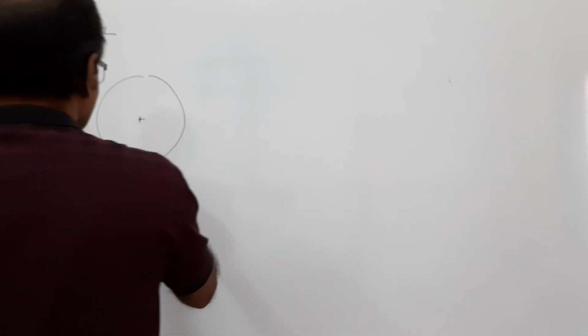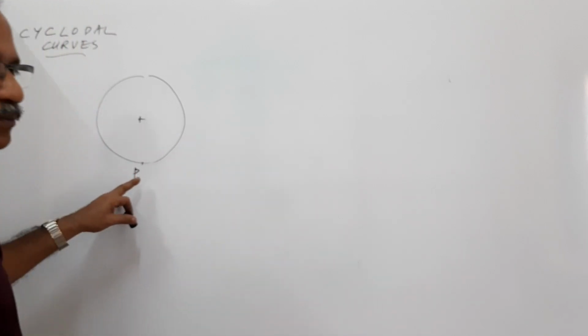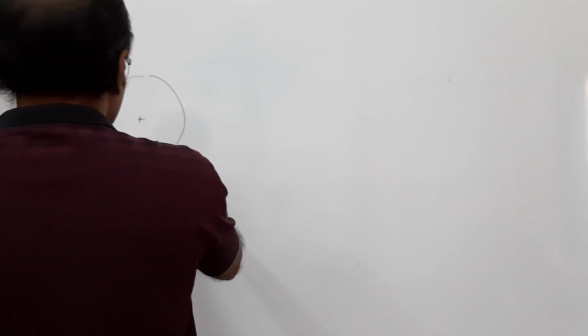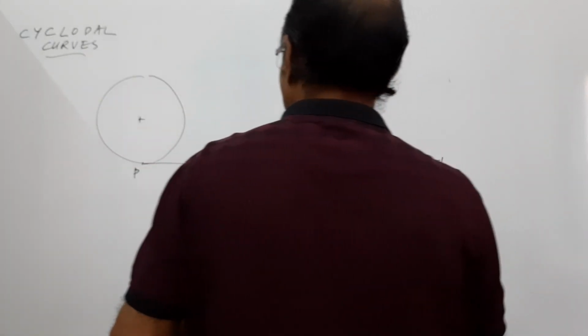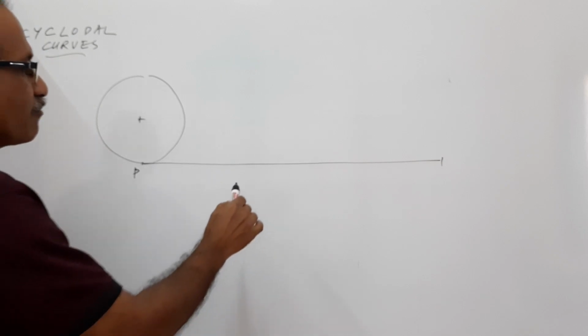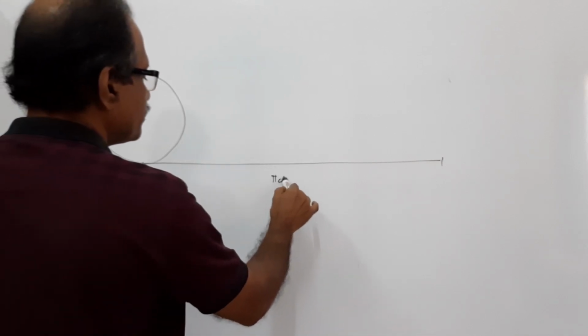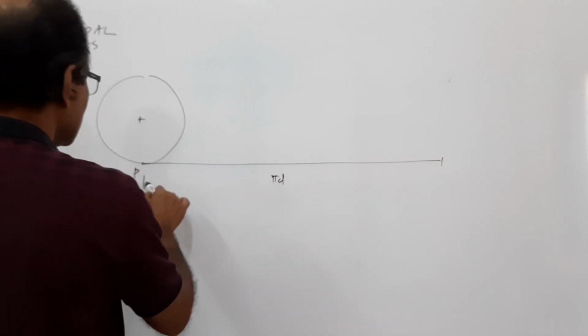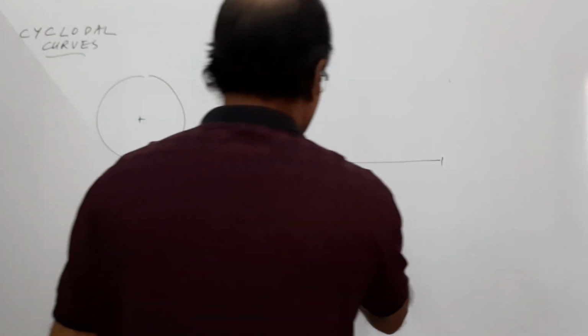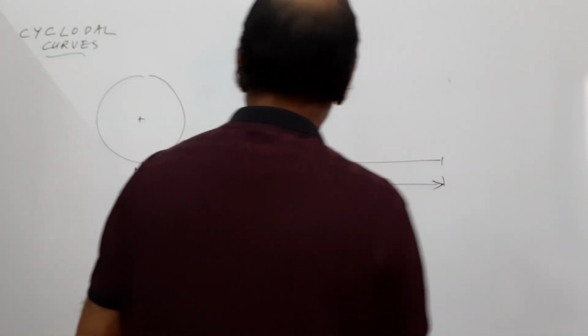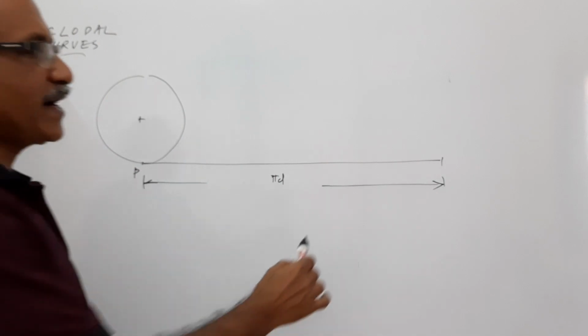What we do is, draw the circle. P is the bottommost point. Draw a straight line whose length is equal to PA, where PA is equal to pi d.